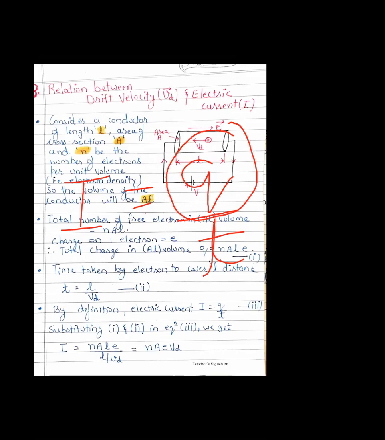And secondly, we need to know the time taken by the charge to move through the distance. So we will find the charge, find the time, and substitute the values in the formula I equals Q by t, and then we get the relation between drift velocity and the electric current. Let's start.